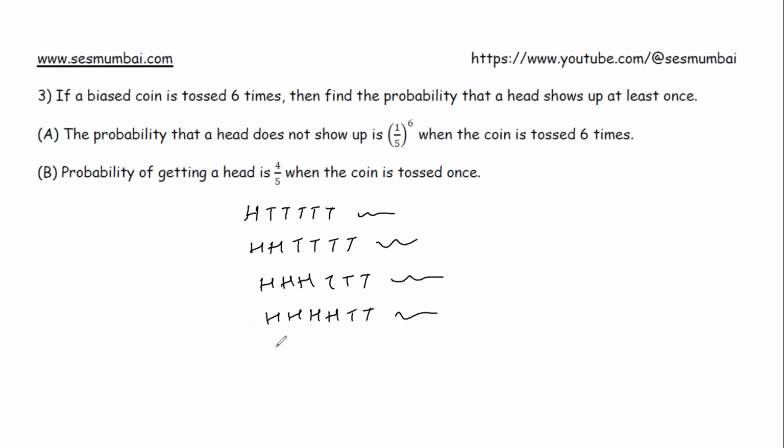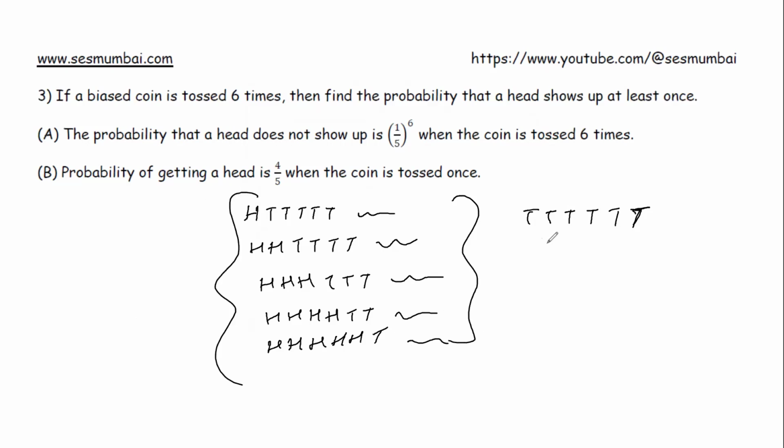So instead of doing all of this, we simply find out arrangements of all tails. Because the probability that a head shows up at least once means not all are tails, so that is not a part of the sample space out here. The probability that an event occurs plus the probability that the event doesn't occur is one.